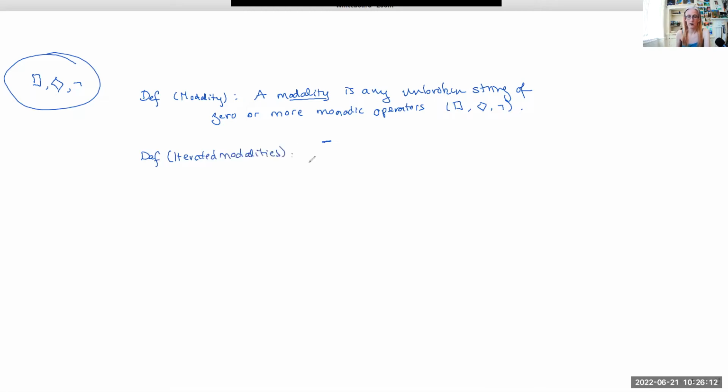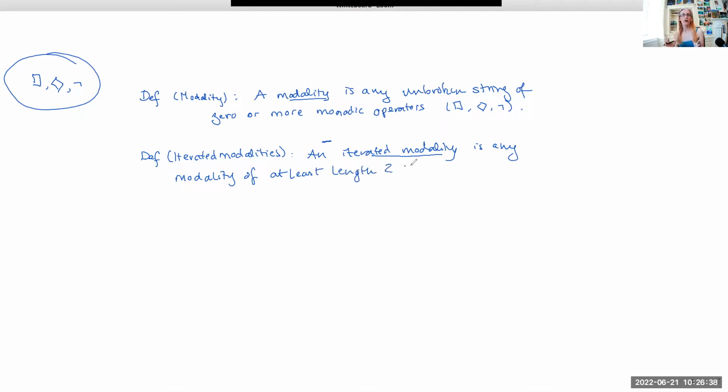So an iterated modality is any modality that has at least two, so what we can say is of at least length 2.